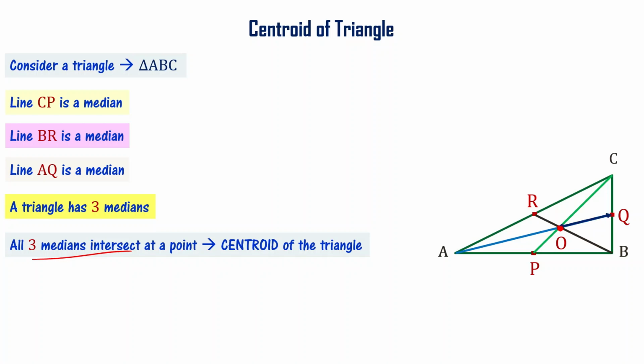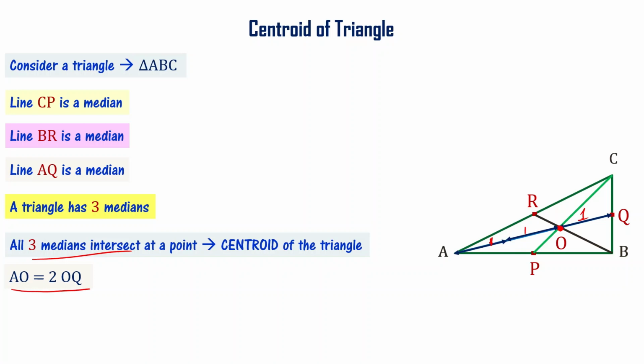Please note this. All 3 medians intersect at one point. That point is called centroid of the triangle. And if you observe line OP and line OA, line OP is of length 1 unit, let's say, then line OA is of length 2 units, right? It means AO is equal to 2 times OQ.